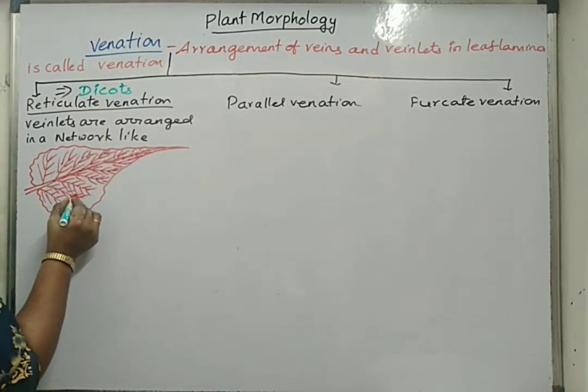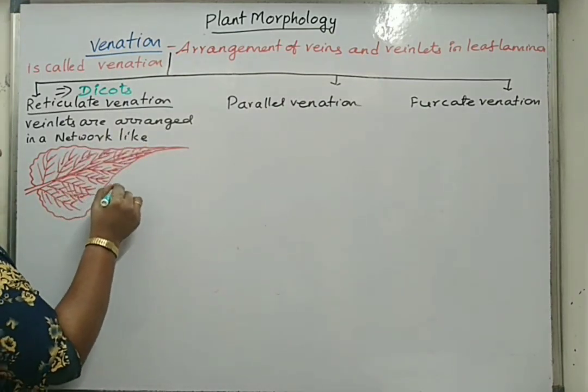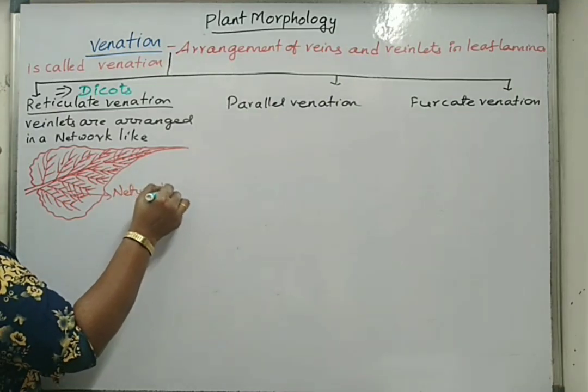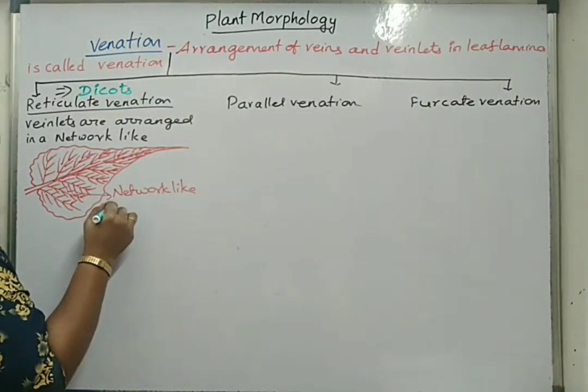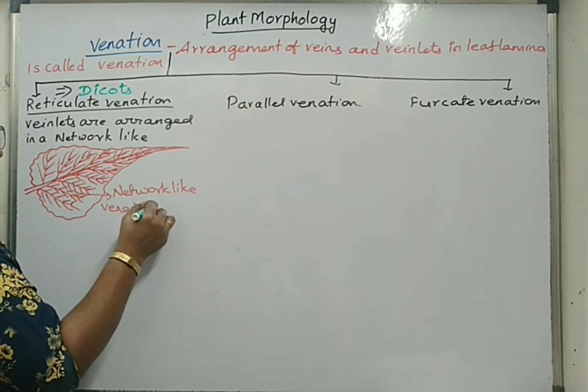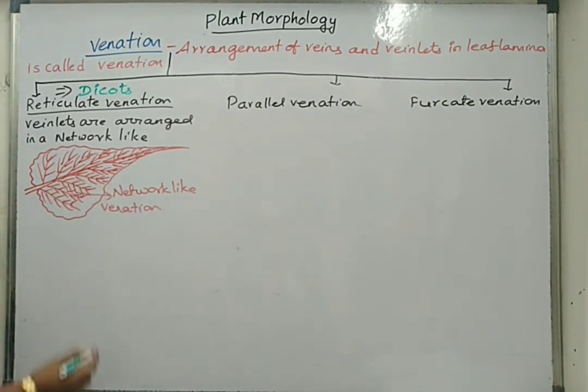Like this. So if you see here, this is network like venation. It is a characteristic feature of dicots.